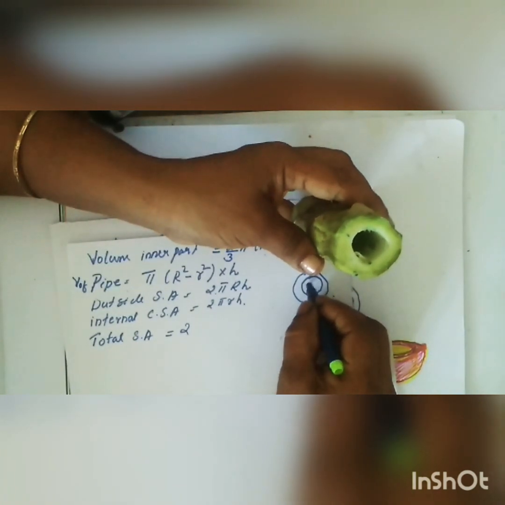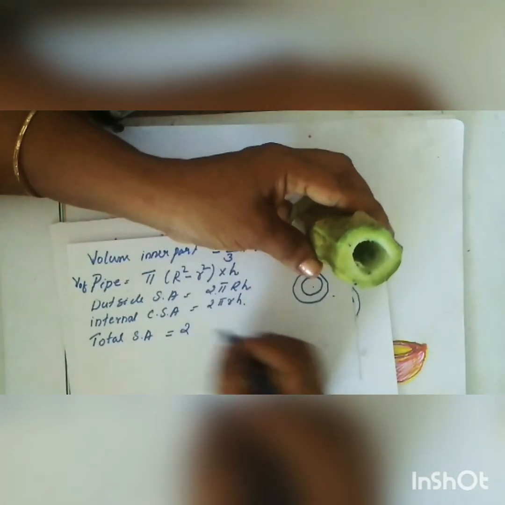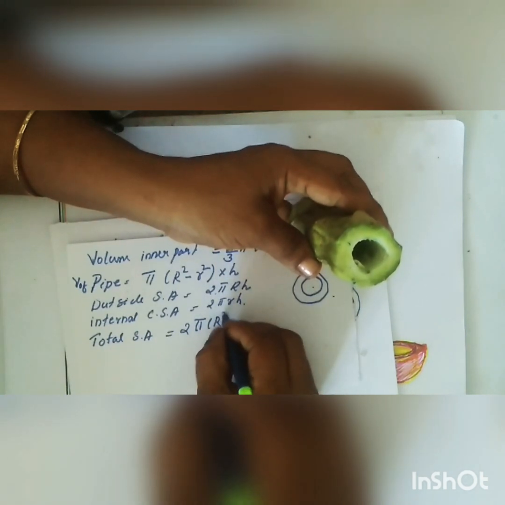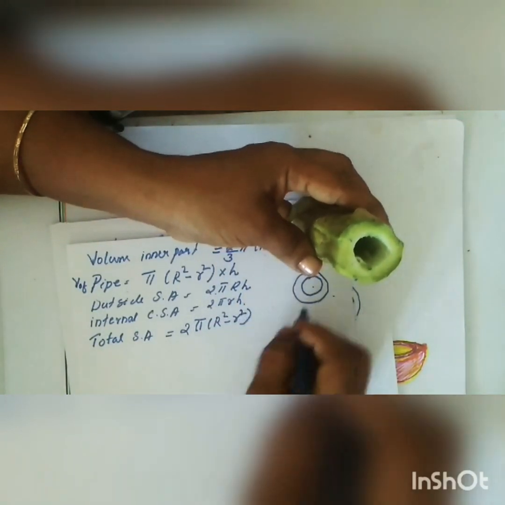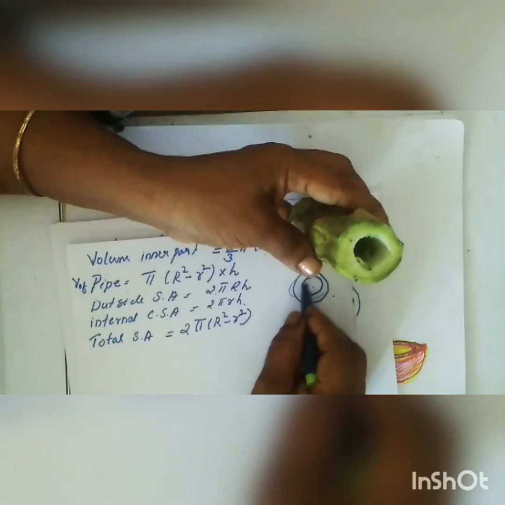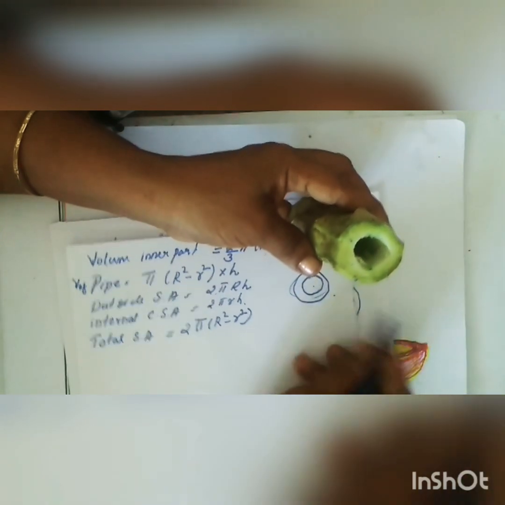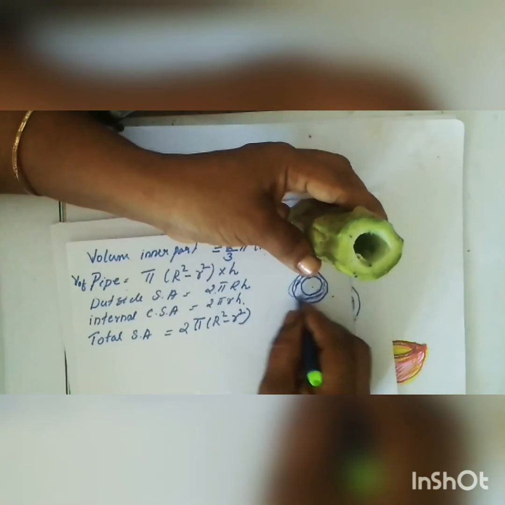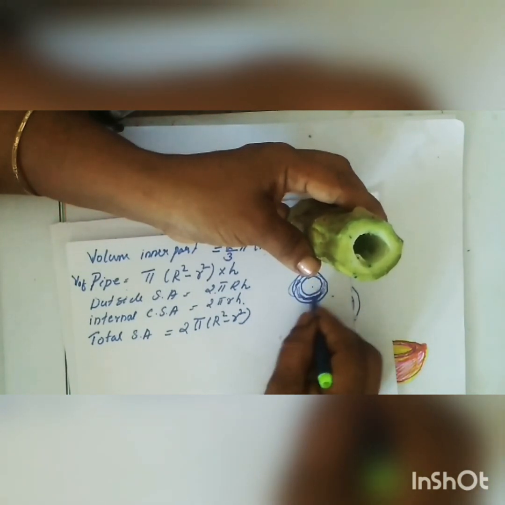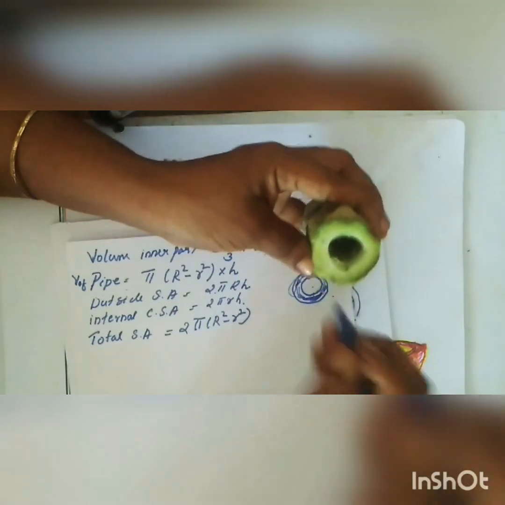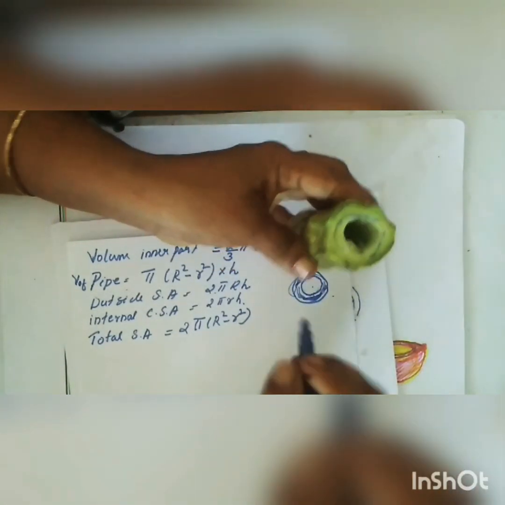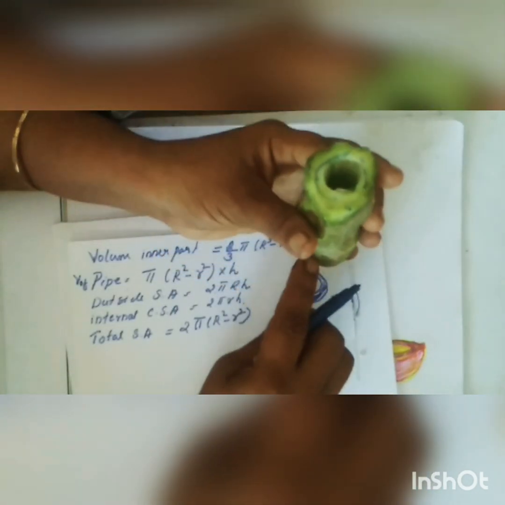Therefore, this portion is cut out. Then we use the formula pi capital R square minus small r square. Here is a bigger circle and a small circle is cut out from it. We get this area. Here is the material, that is this portion, and height is equal to this.